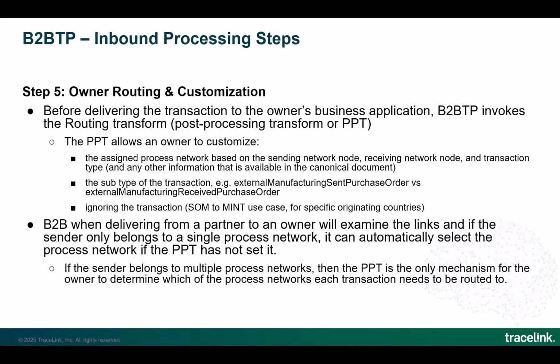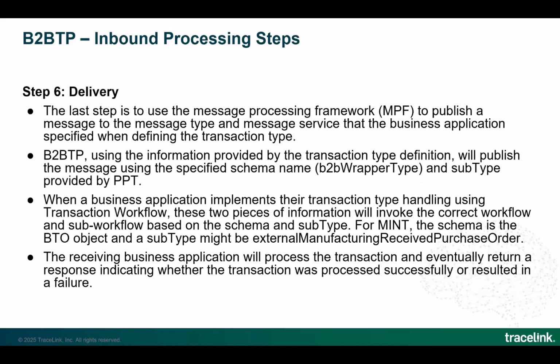The last step is the post-processing transform step, where we add information about the process network the transaction should go to, and what type of transaction it is, whether it is meant for an external manufacturing purchase order or a commerce purchase order, and so on. And the final step is delivery, where the document is delivered to the Mint application. So remember, we are discussing the inbound processing steps.